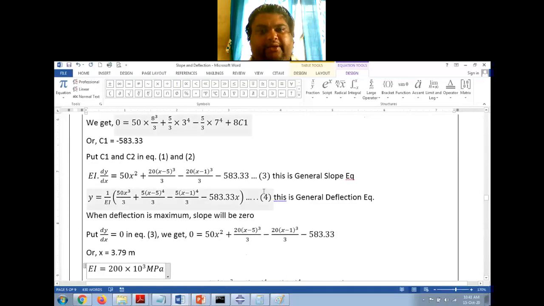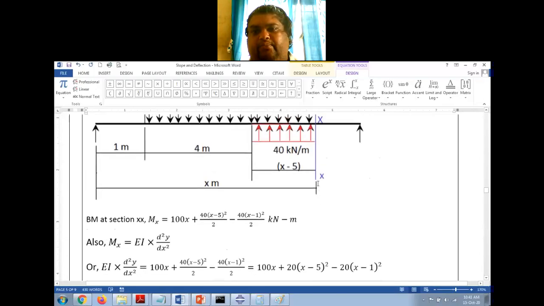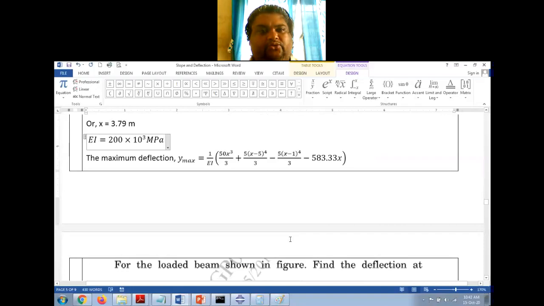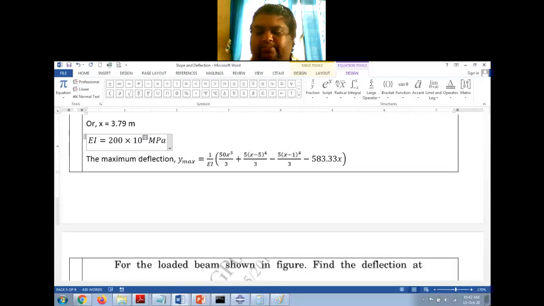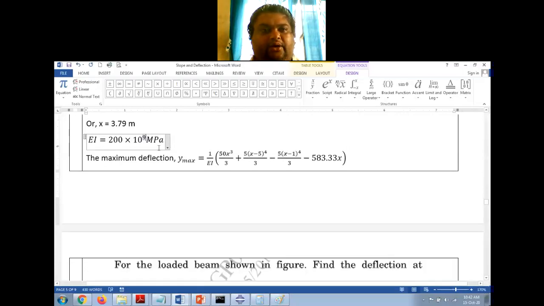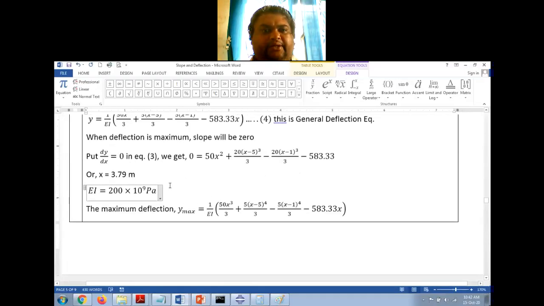What I need here, this bending moment, I have substituted in kilonewton meter, right? So this is mega Newton per meter square. MPa means Pascal means Newton per meter square. So this is 10 raised to 6. So actually this becomes 10 raised to 3 plus 6, 9 or giga Pascal, right?